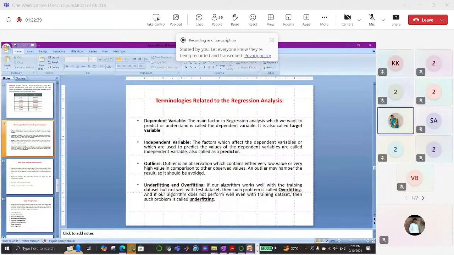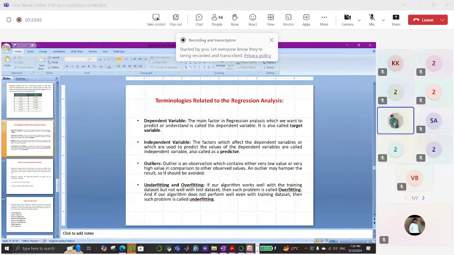Independent variable means predictor. The factors which affect the dependent variables, or which are used to predict the values of the dependent variables, are called independent variables. In machine learning terminology, the target variable and predicted variable are the actual value and the predicted value.